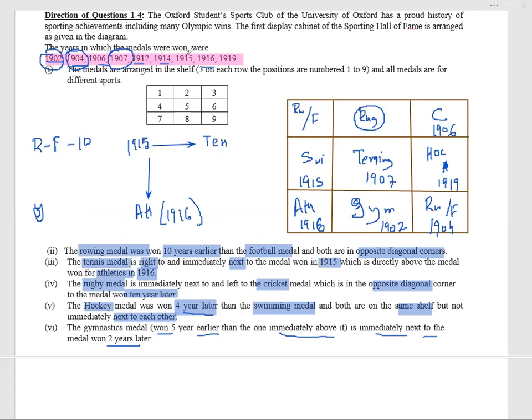Let me round up which years are already utilized: 15, 16, 19, 7 utilized, 6, 2 and 4 given. 12 and 14 are left, so this must be 1912. What is left is figuring out rowing and football.